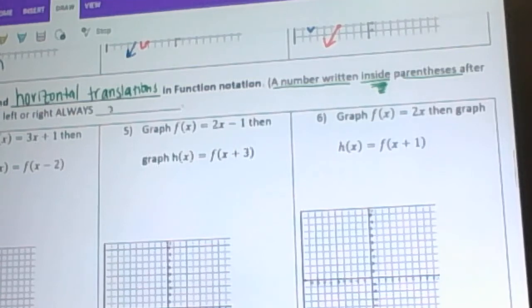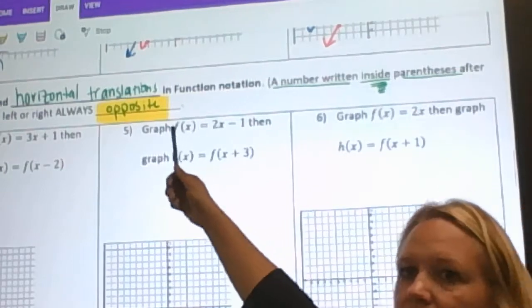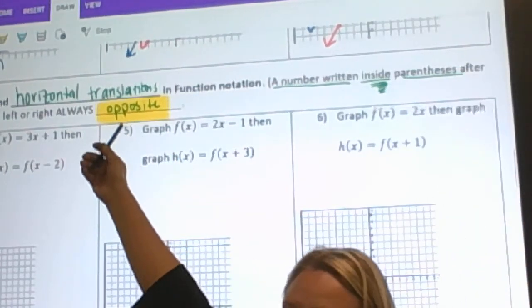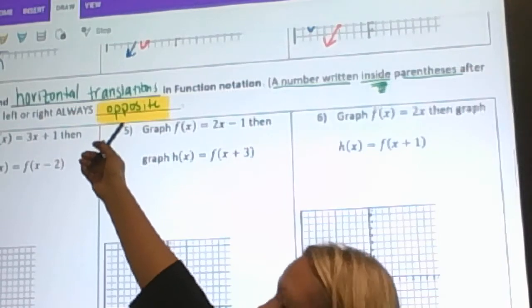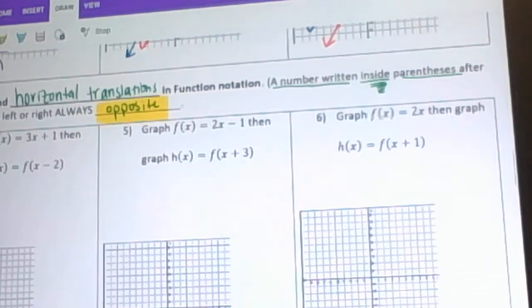And this is really important. You always do an opposite move for horizontal. You move right or left opposite of what you would think. Lori, go ahead and fill this word opposite in. It's very important. For horizontal, it's opposite of what you would think.